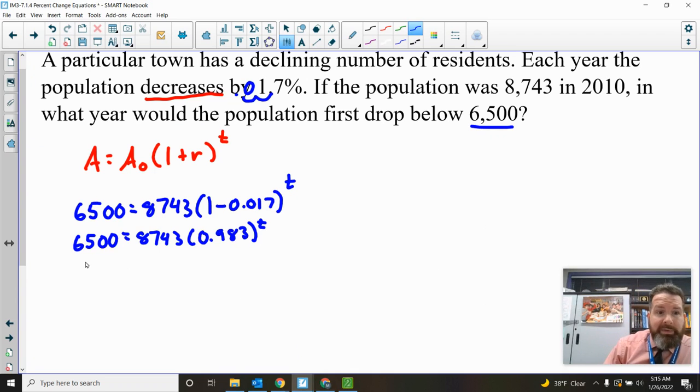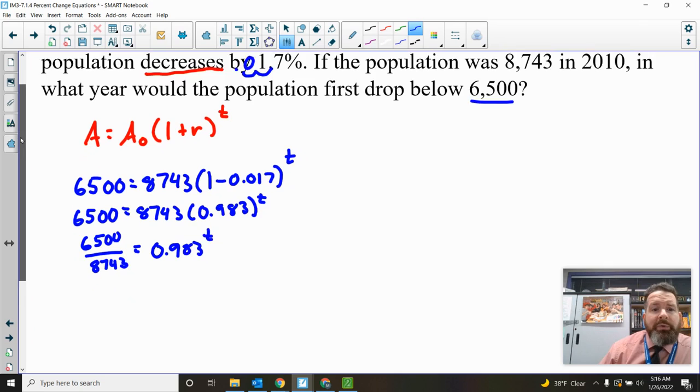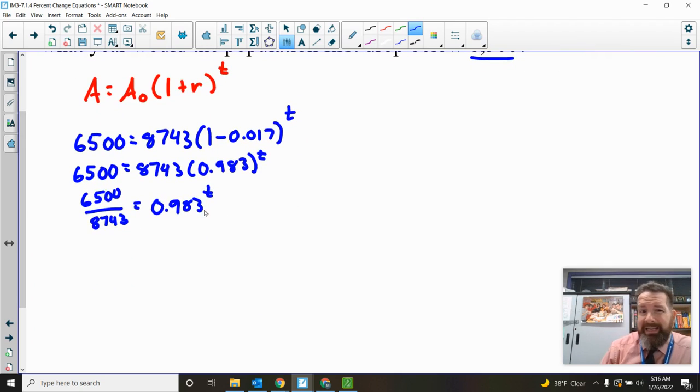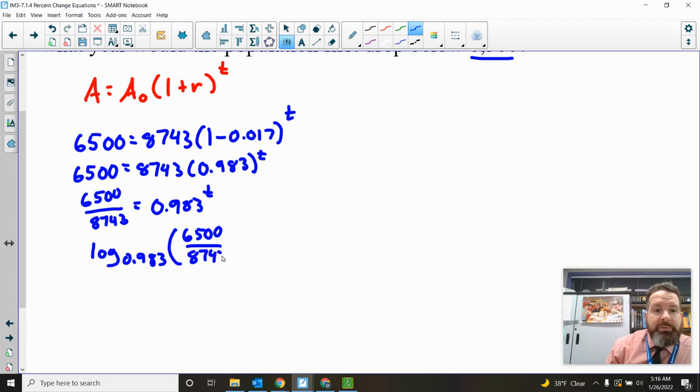So coming back here, I'm going to call it 6,500 divided by 8,743. That's equal to 0.983 to the power of t. I want the t, so I need to find the exponent. Logarithms give us exponents. Please know this. Logarithms give us exponents. So we're ready to switch over to the log form. Log base 0.983 of 6,500 over 8,743.